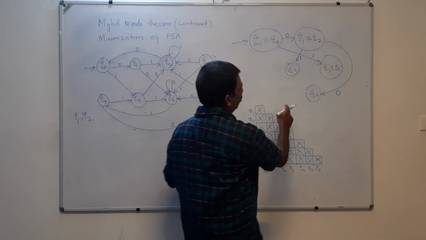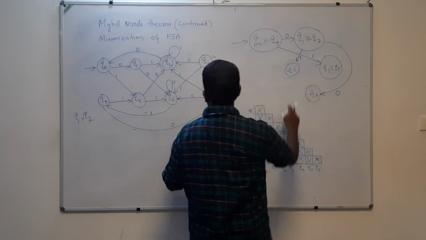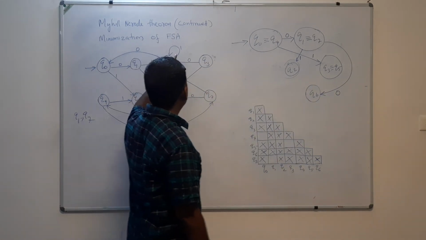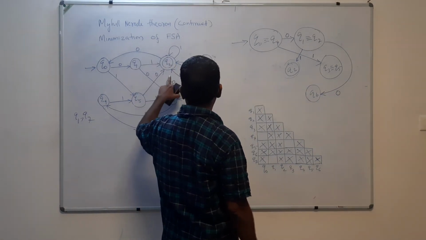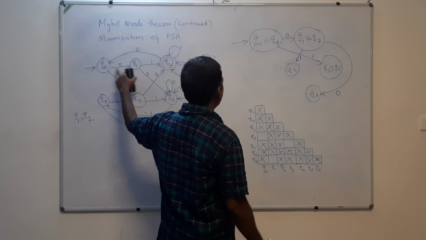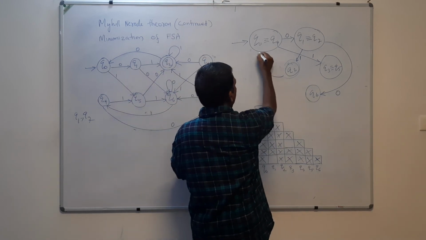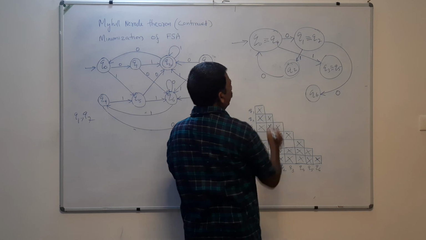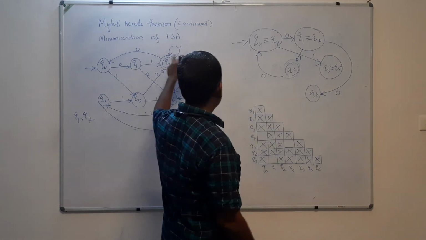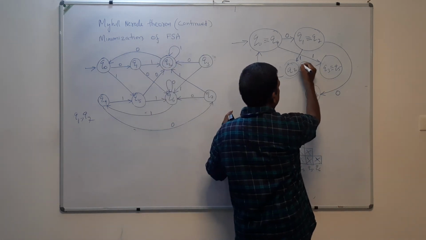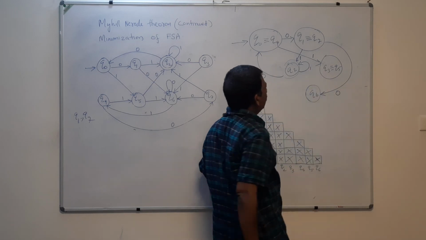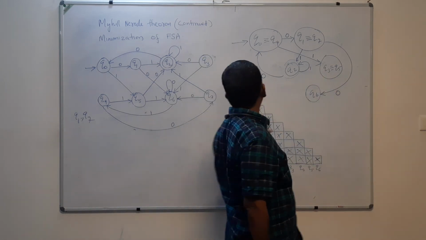And now what about Q2? Q2 on 0 is Q1. Q2 on 1 is a self loop.